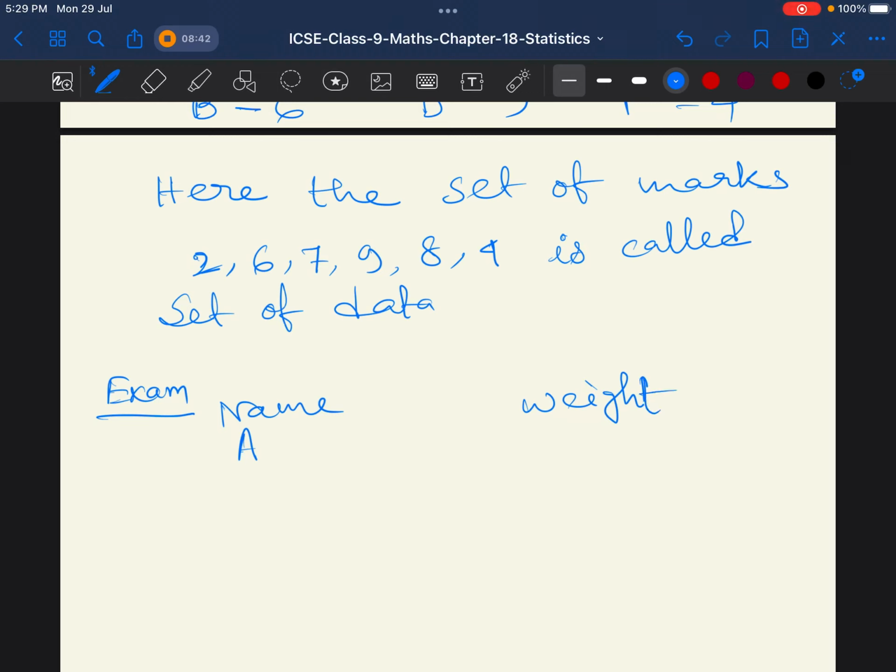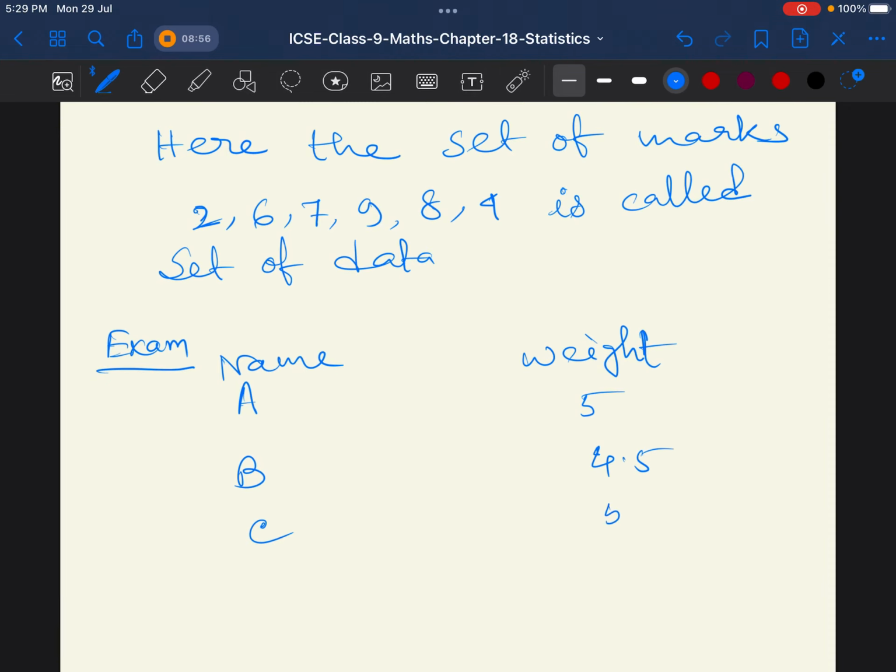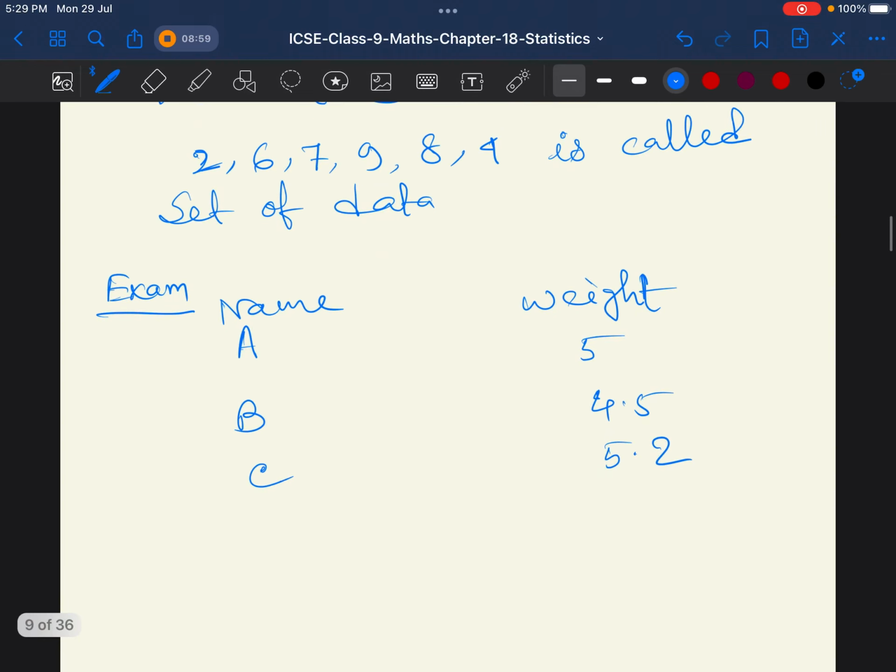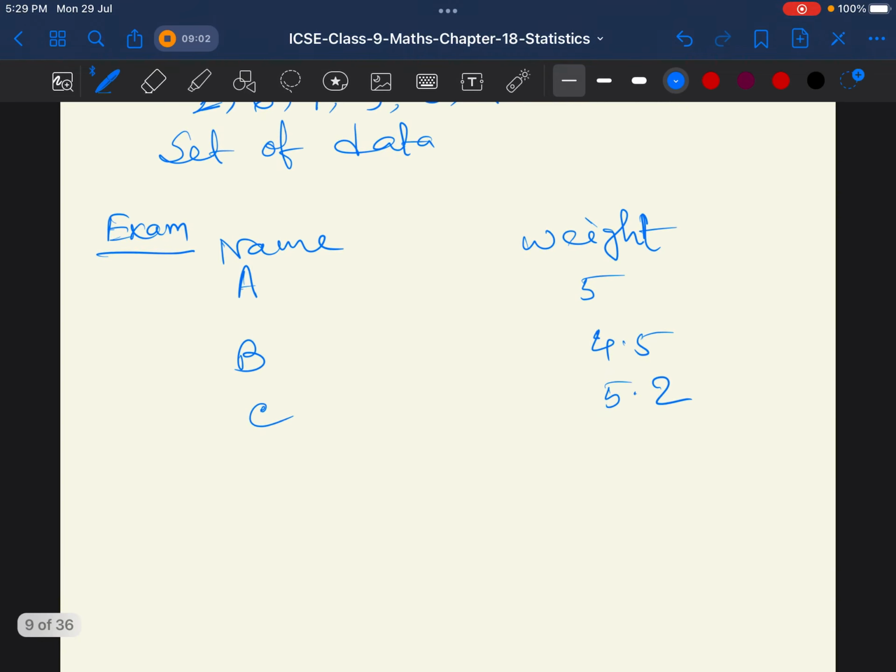For dog A the weight is 5, for B the weight is 4.5, for C the weight is 5.2. So 5 kg, 4.5 kg and 5.2 kg. Here you see 5, 4.5 and 5.2 are the data, a set of collected numerical facts.